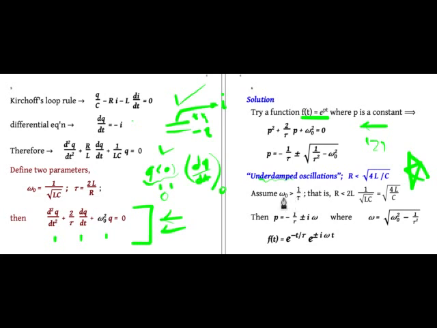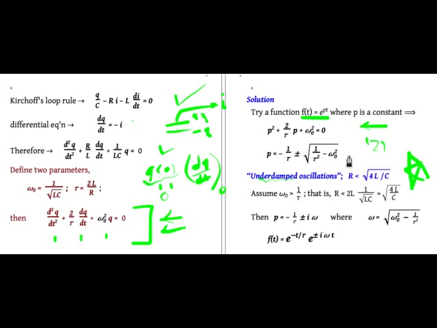So R is less than 2L omega 0. And omega 0 is 1 over the square root of LC. So you see I have the square root of 4L over C. So in other words, I want to consider the solutions where the parameters have this property. Omega 0 is bigger than 1 over tau.